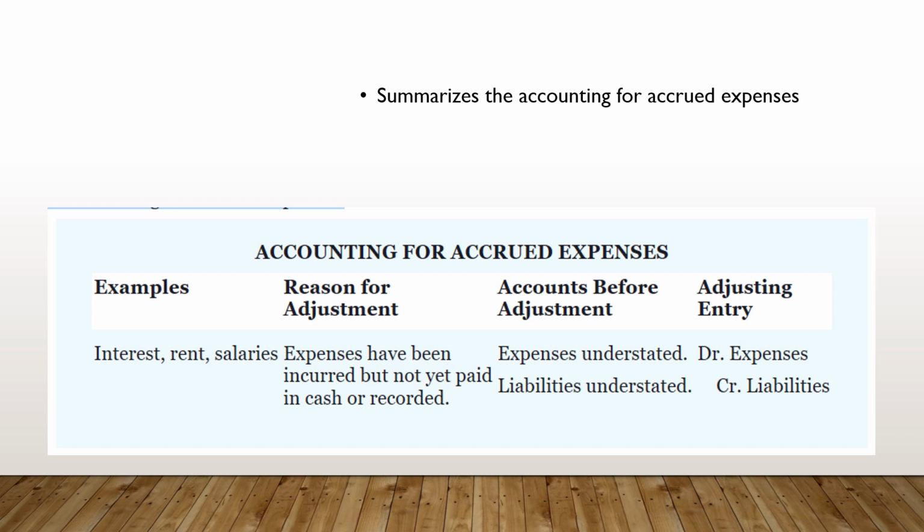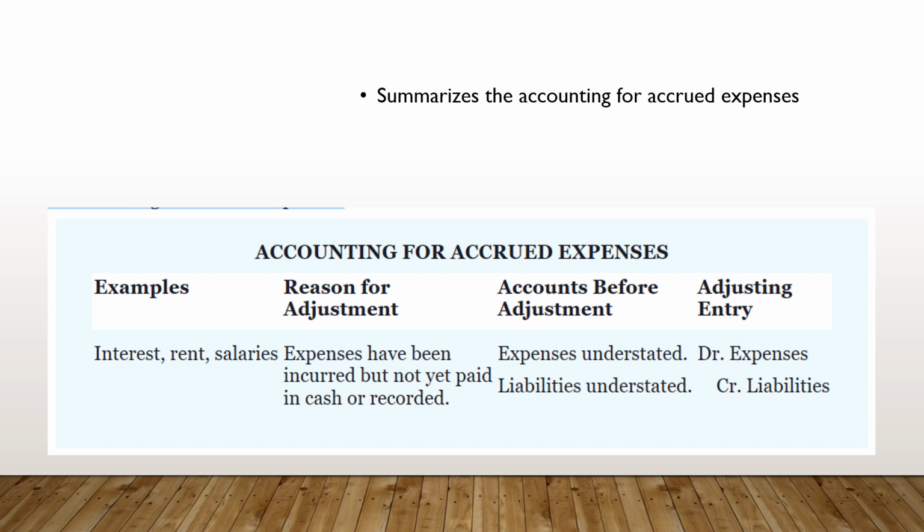So just a quick summary of the accounting for accrued expenses. Okay, so accounting for accrued expenses, and we've got examples right here. The reason for adjustments, then the accounts before adjustments, and then the adjusting entries. All right, so for example, we have interest, rents, and salaries, right? So those are examples of our accrued expenses.